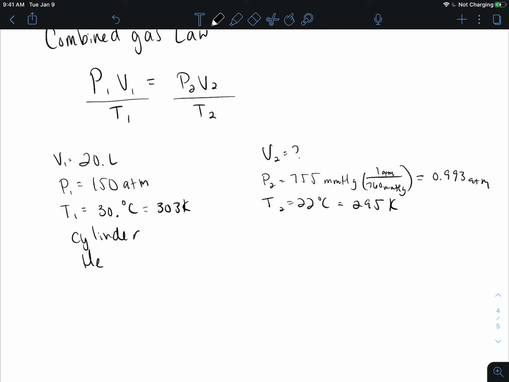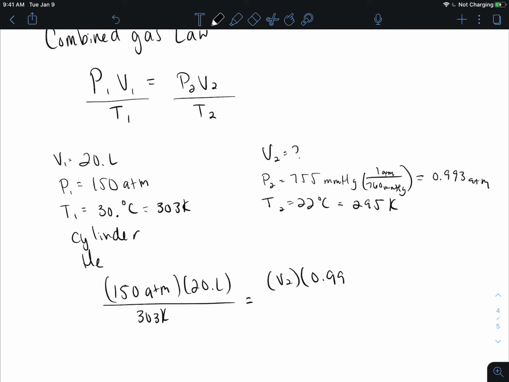So now it's just going to go into our combined gas law, where our P1 is 150 atmospheres, our V1 is 20 liters, our T1 is 303 Kelvin. This will be equal to our V2, which is what we're solving for, our P2, 0.993 atmospheres, divided by our T2, 295 Kelvin.